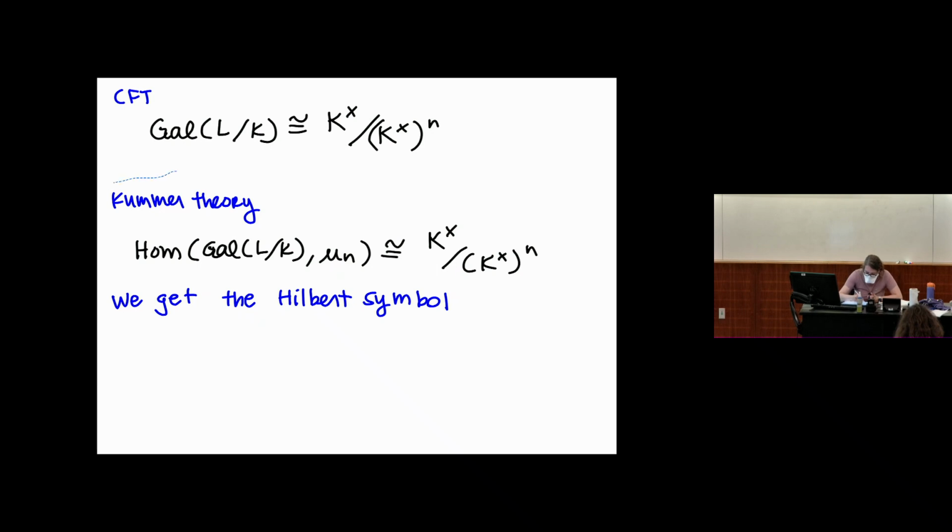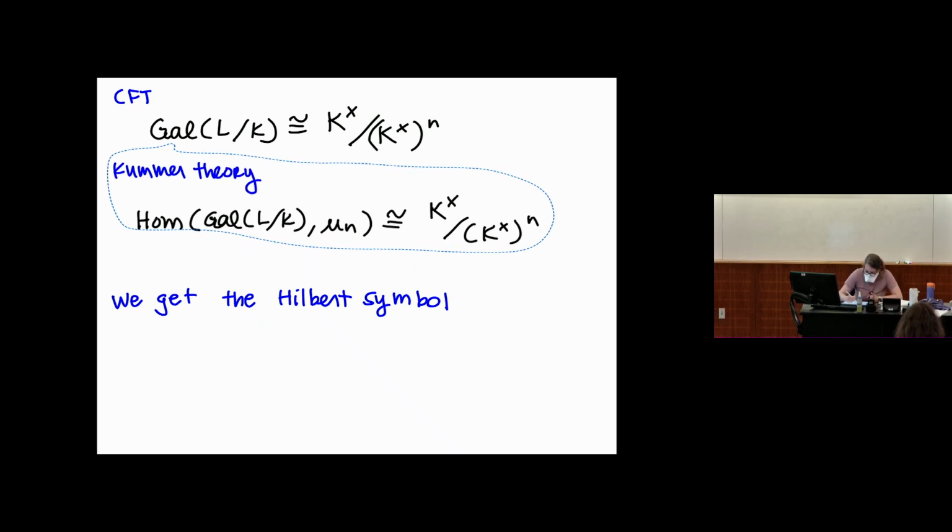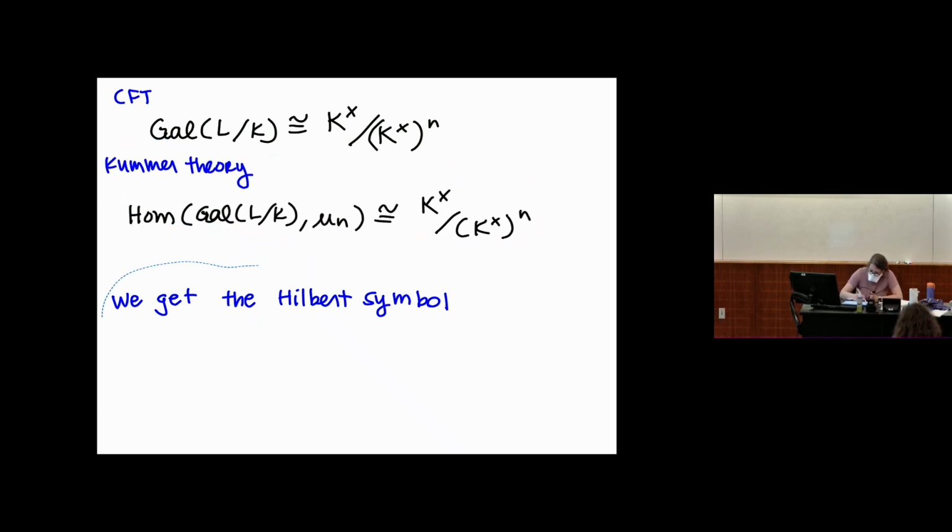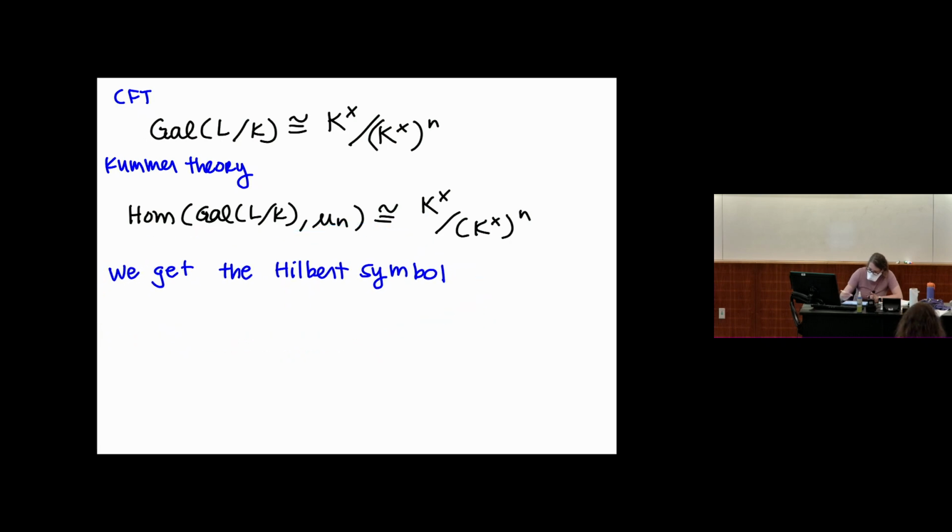Wait, let me just move, so I have a little bit more room. Okay, so it takes two entries, and then you put the prime. This is the prime of K. K is a local field, so it has one prime. You put it there.